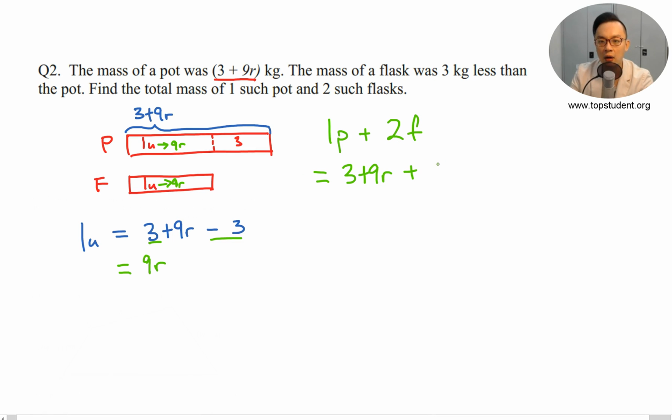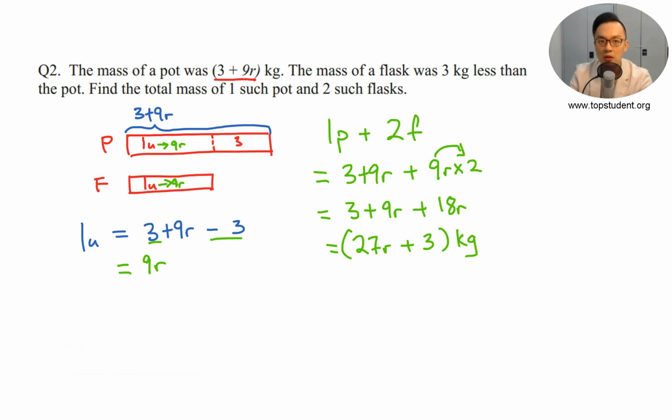Flask is 9r. 9r times 2. So this is 3 plus 9r plus 2 times 9 is 18r. So altogether is 27r plus 3. And I need to bracket this entire thing and put kg.